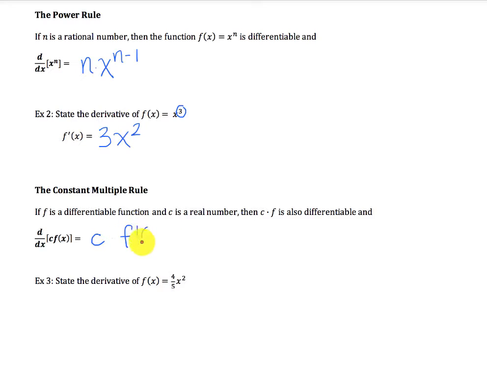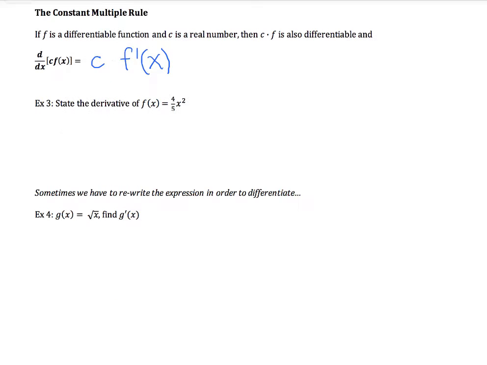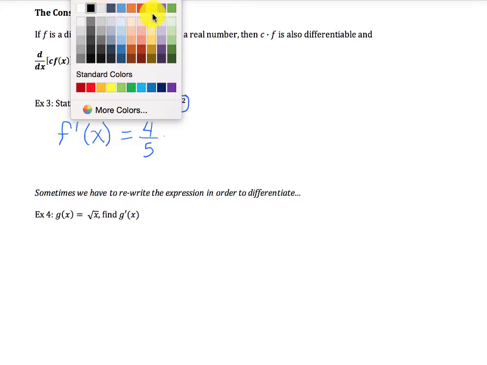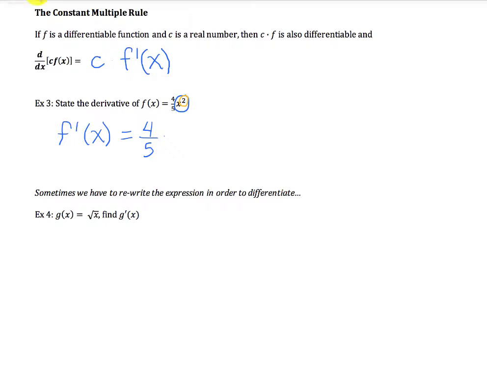So in example 3, if we're looking for the derivative of 4/5 x squared, you just keep that 4/5 in front like a constant multiple, and we're just going to differentiate x squared. So taking the derivative of x squared using the power rule, we get 4/5 multiplied by 2x to the first power.